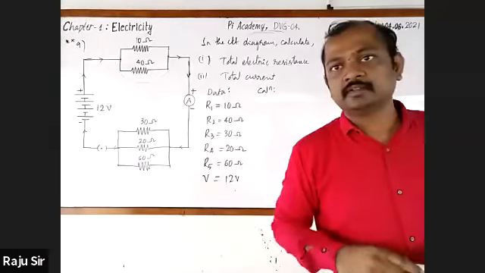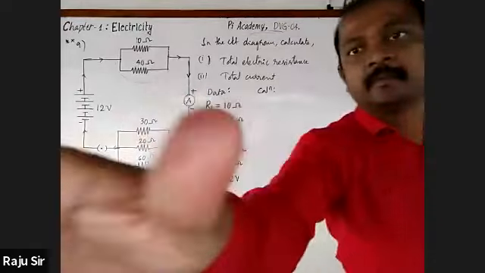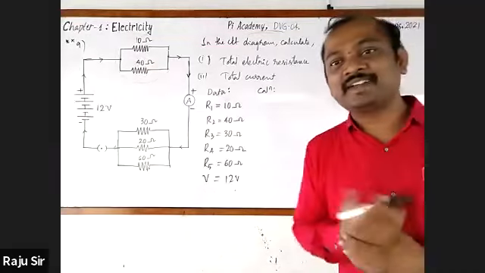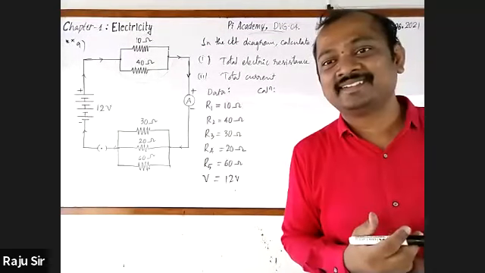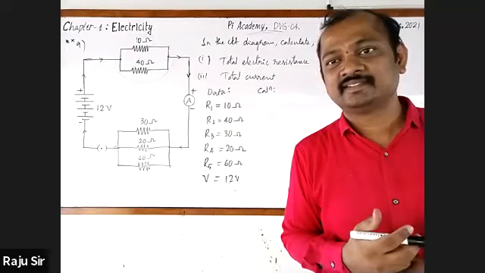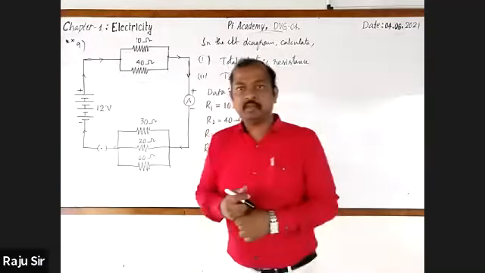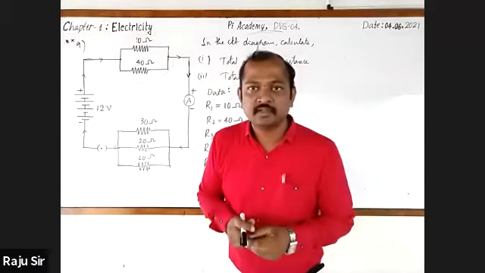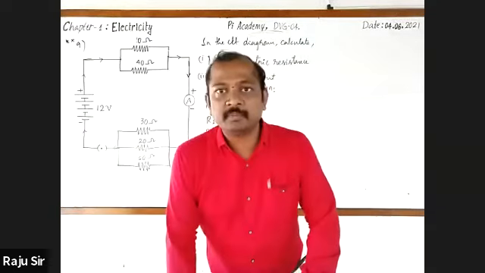Total current is 0.6. Okay. Try. 18, sir, resistance. Oh, wait, I'm telling. Ashutosh, simply you are looking at the board. Try your best. Chayabi, have you got the total electric resistance?